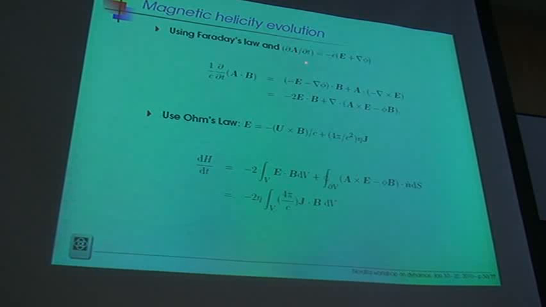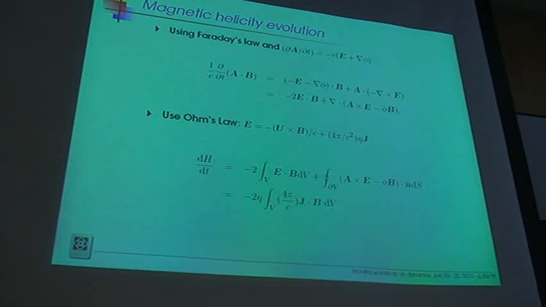Suppose for example you started with just Faraday's law of induction for the mean magnetic field, which is (1/c) dB bar/dt = minus curl of E bar.